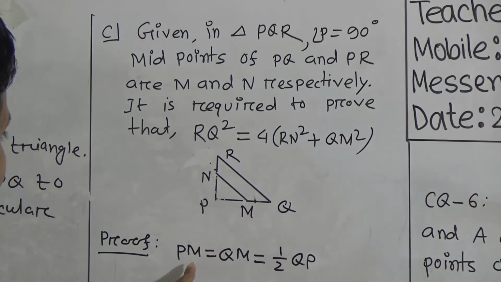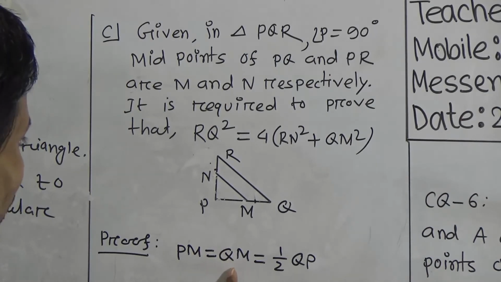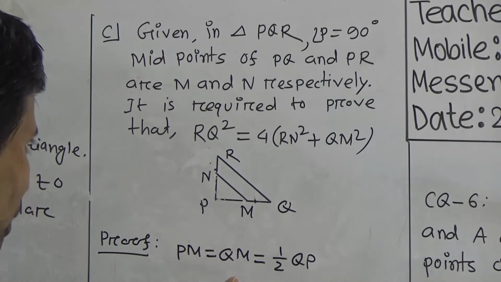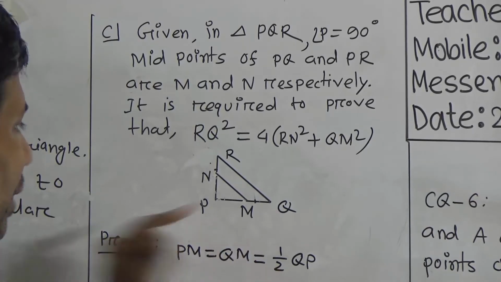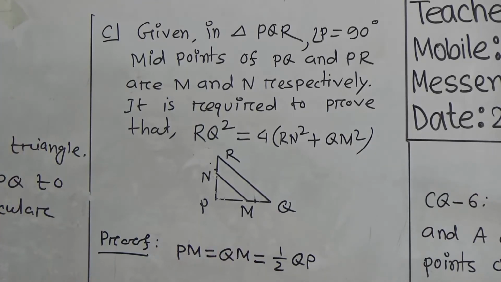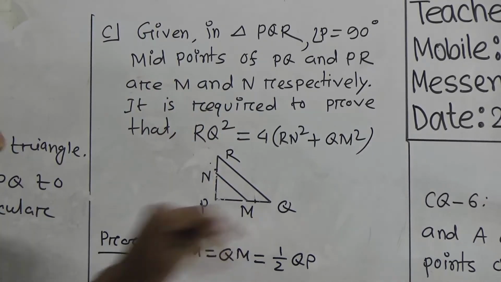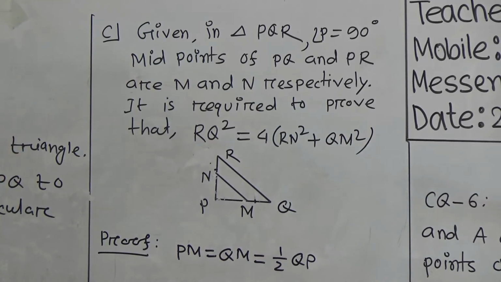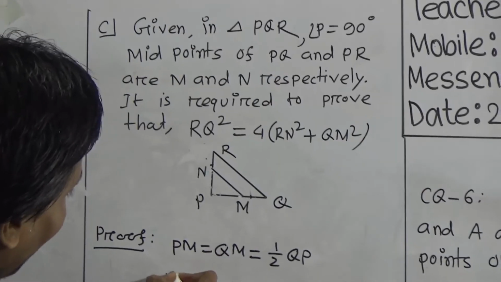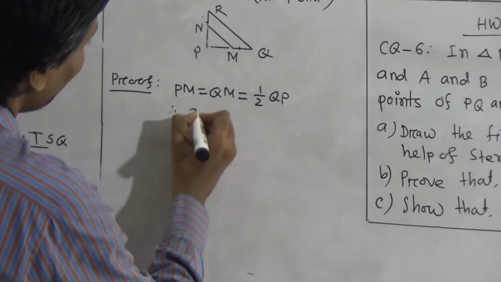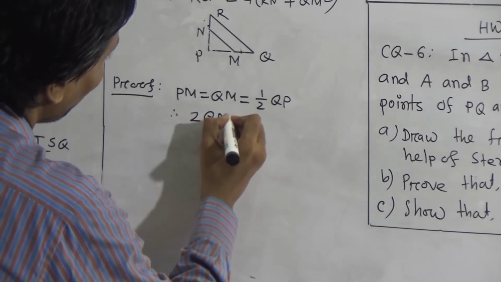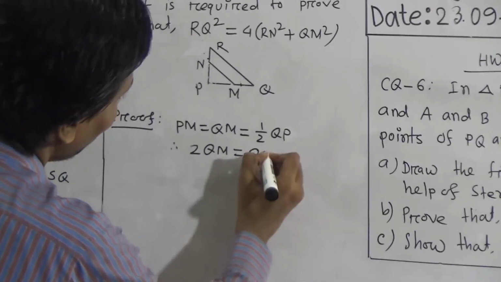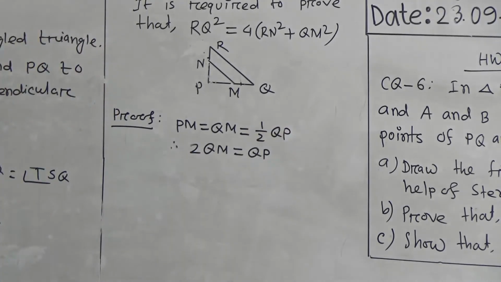So we can write PM equal to QM, and QM equal to half of QP. This information is given in your figure. Therefore, we can write 2QM equal to QP.